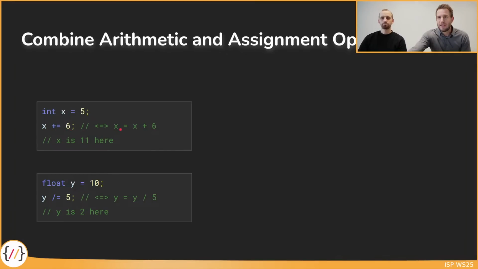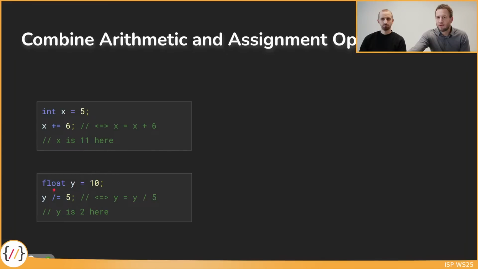And this is equal to the statement that 6 is added to the value of x, and the result of this operation is then stored in x. So basically x is raised by 6. So we could combine these two operators in this way. So the result would be 11 here.